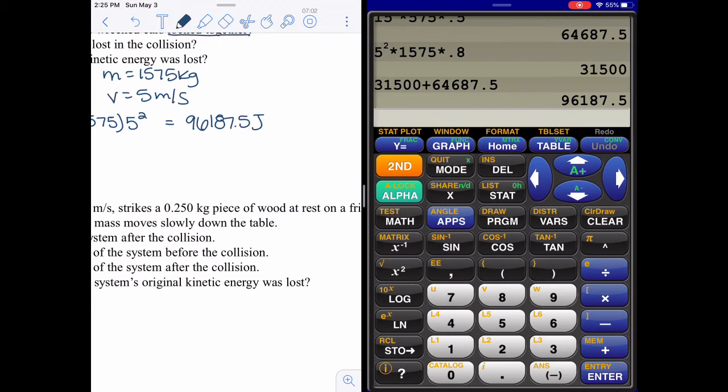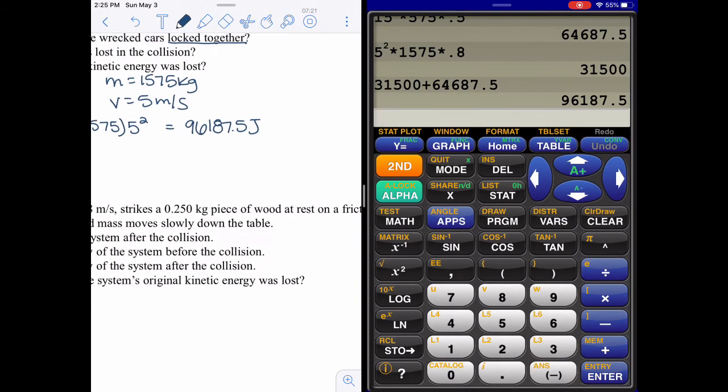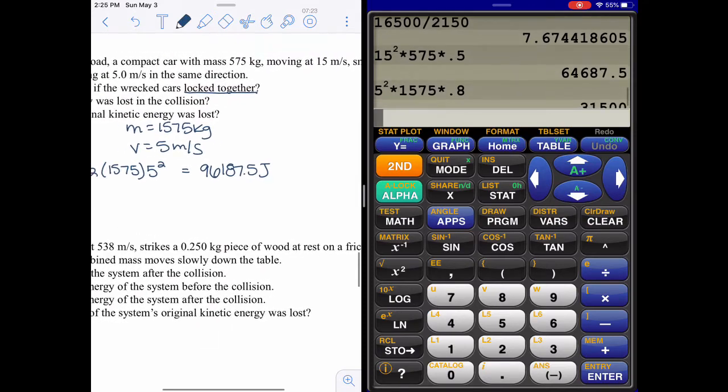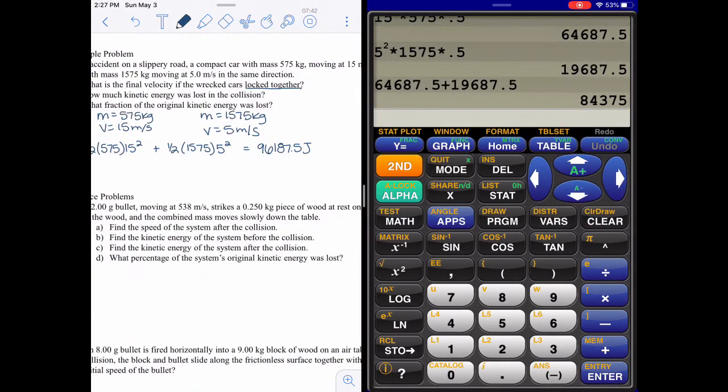So we had that many joules to begin with. Now we need our, okay, so I hit the wrong button on my calculator.